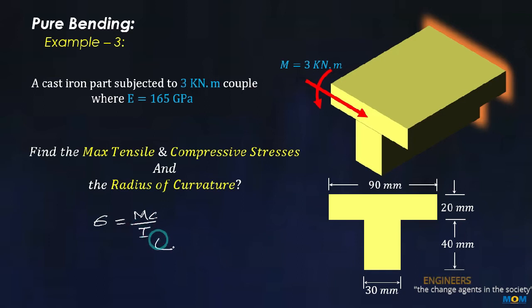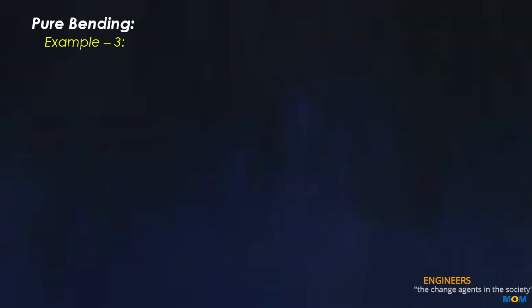To calculate this moment of inertia about neutral axis, we have to first calculate the centroid of the part.